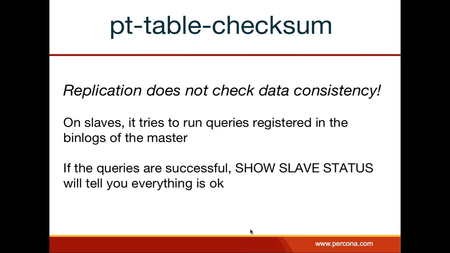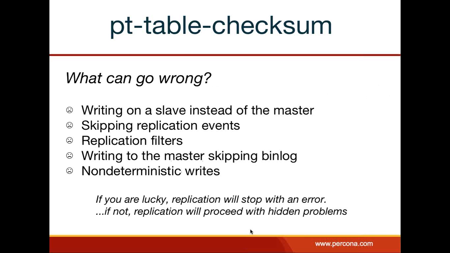Let's remember that replication doesn't check data consistency. On the slaves, it tries to run the queries that are in the relay log after the binlog was written. If the queries are successful, SHOW SLAVE STATUS will tell you everything's okay, and that's it. And what can go wrong?